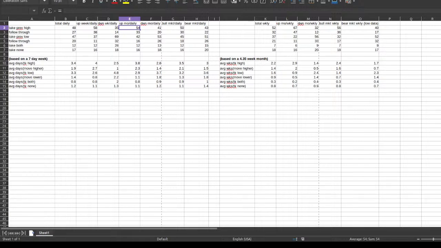And then we're going to do a close below. It's an up month. And we close below. 15%.